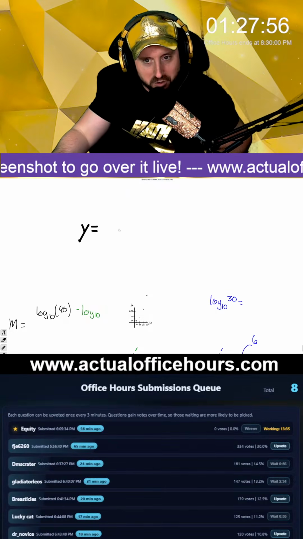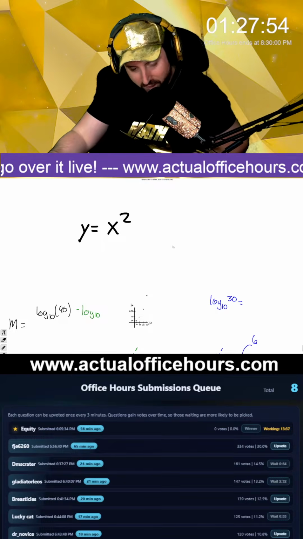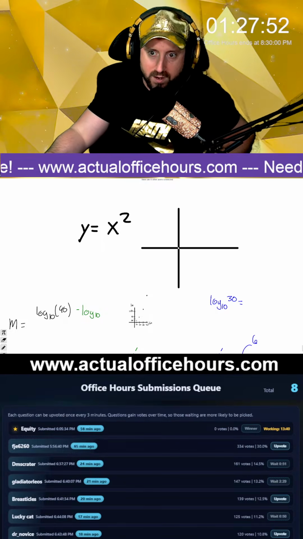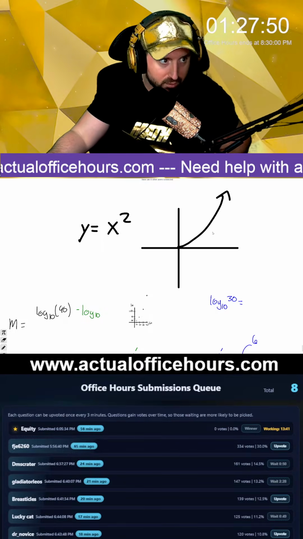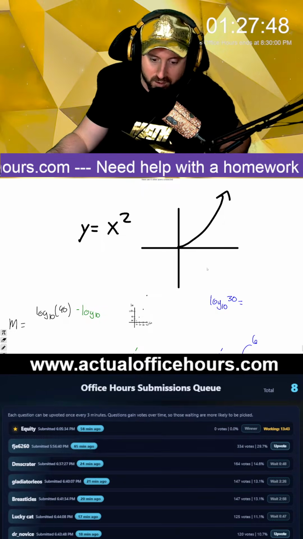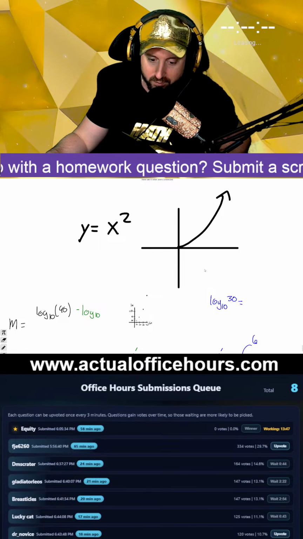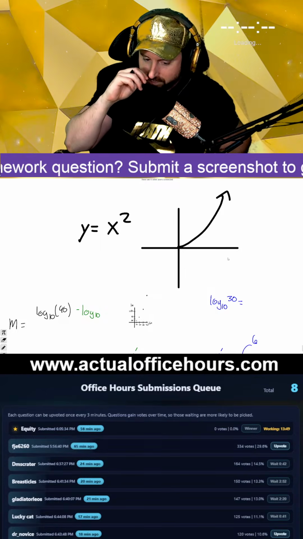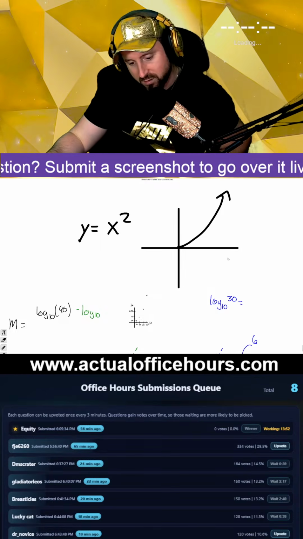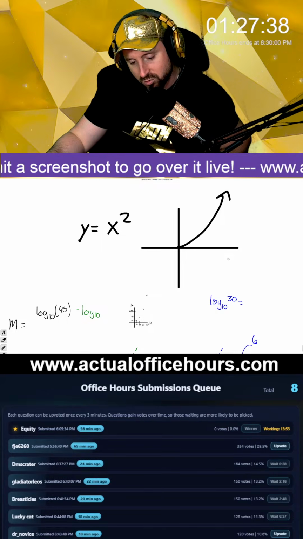Yeah, let's say, for instance, your graph was y is equal to x squared. Okay, let's just do that. Y equals x squared looks something like this. This is not something you want to approximate with a linear graph. But let me think.